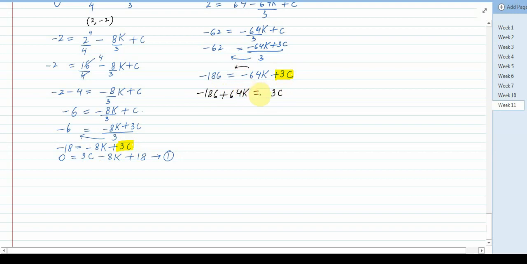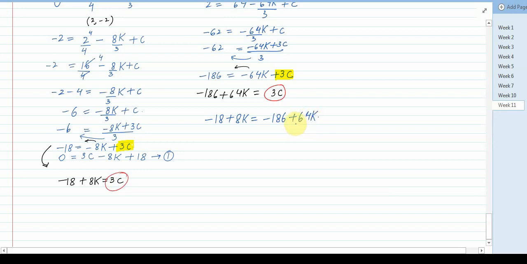And in this equation, if I do the same, minus 18 as it is, and minus 8k on the left side is plus 8k, equals 3c. On both sides I have 3c, which means I can equate these two. So it will be minus 18 plus 8k equals minus 186 plus 64k. What I did was solve the simultaneous equations using the substitution method.